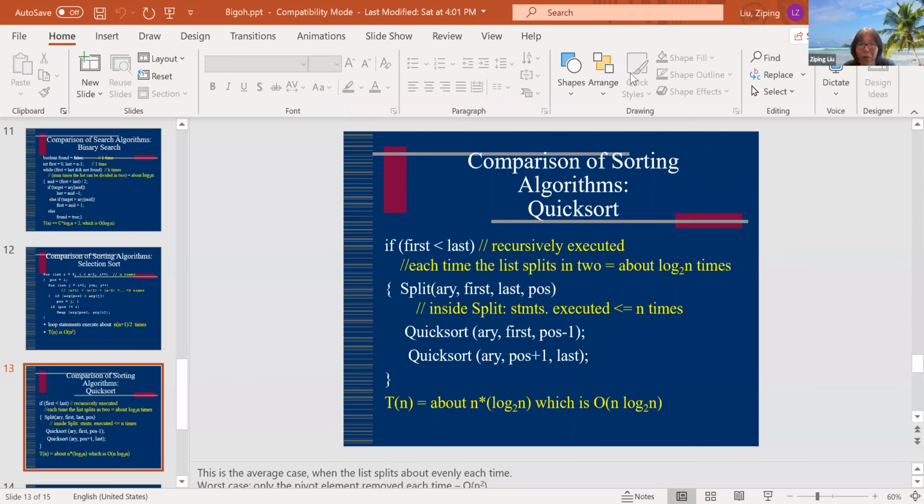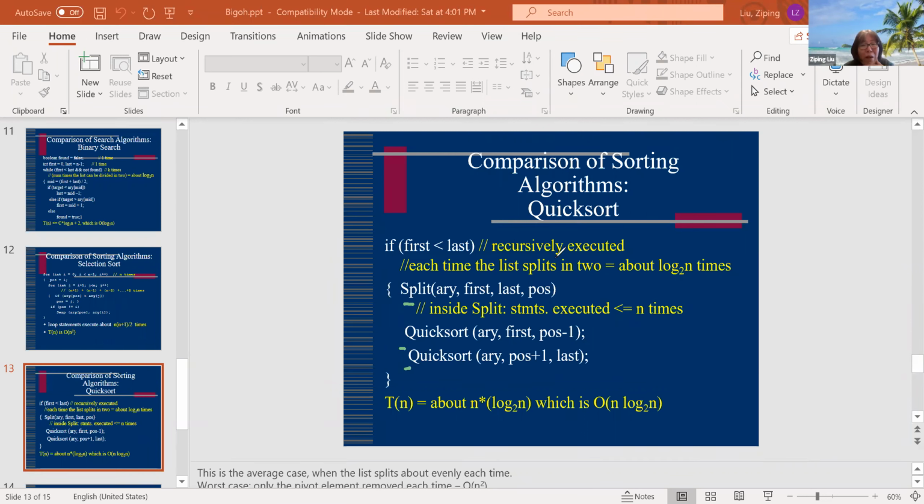Next, let's take a look at quick sort, a sorting algorithm we already discussed. The quick sort we discussed is recursively executed. If the first index does not go beyond the last index, then you do the split, then you quick sort yourself. There's no loop here, it's a recursive call.